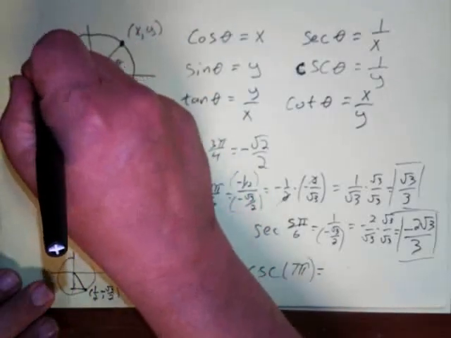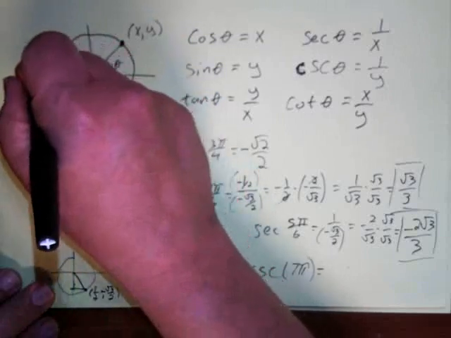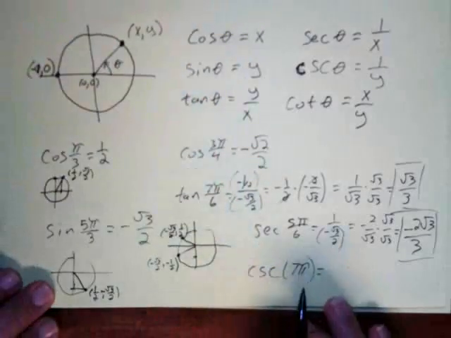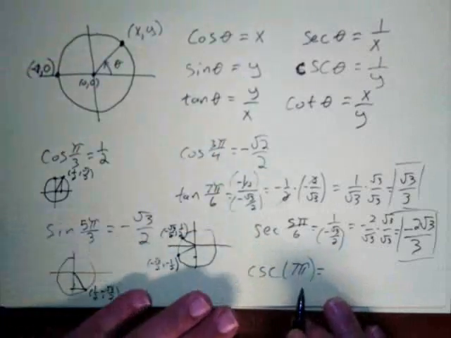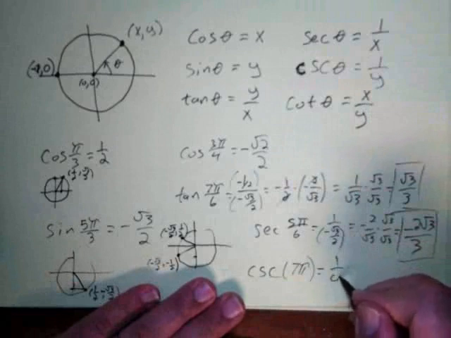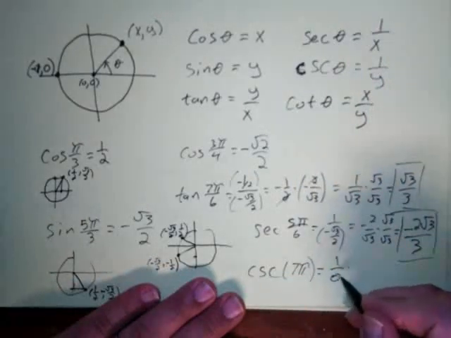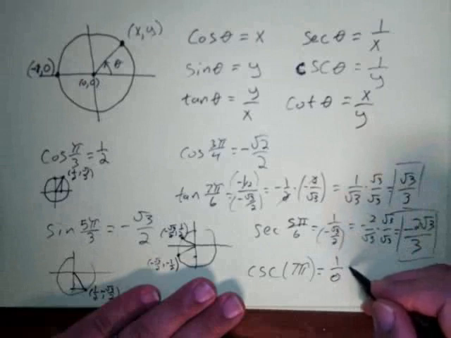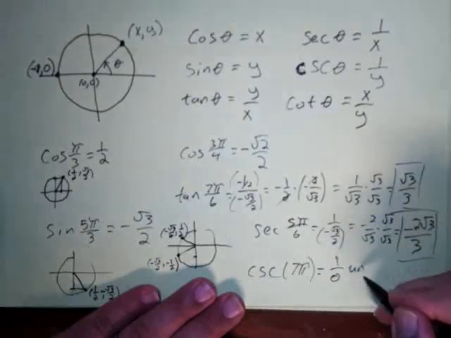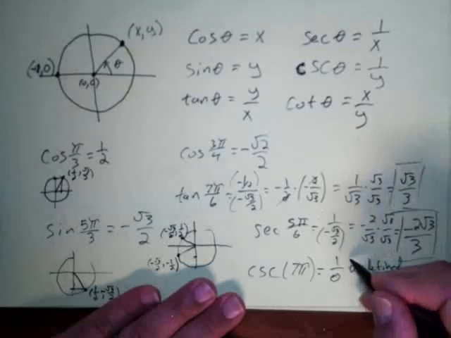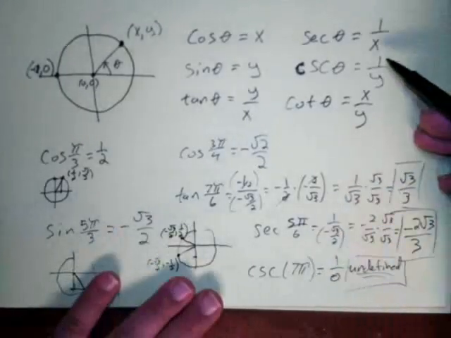And I see that this would be negative 1 for my x and 0 for my y. Now the cosecant is 1 over the y, so this would be 1 over 0, and you can't do this. You can't divide by 0. That's undefined. So this one here is undefined.